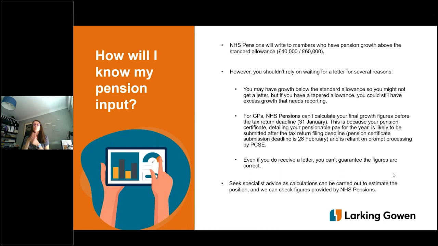So although NHS Pensions will have committed to write to people if the pension growth is above the standard allowance in one or more than one scheme, I don't think that can be relied upon, because they might not get the data for a long while, because your pension record may not be updated, because you might have missed a pension certificate 3 years ago when you were a salaried GP or something. And also, I still don't think it can be relied upon because you've got more than one scheme.